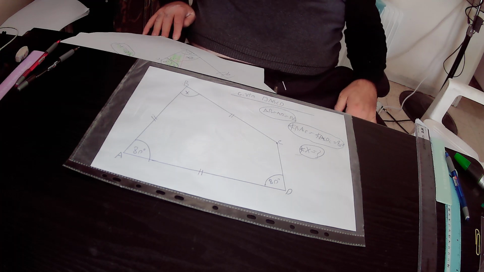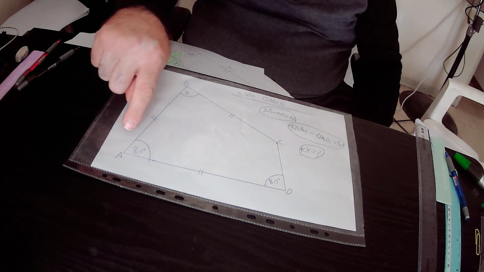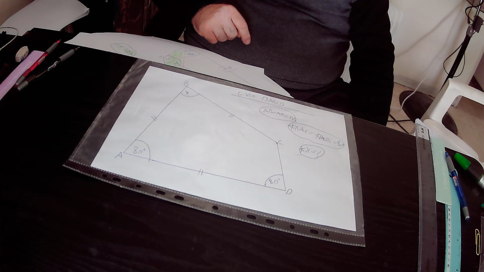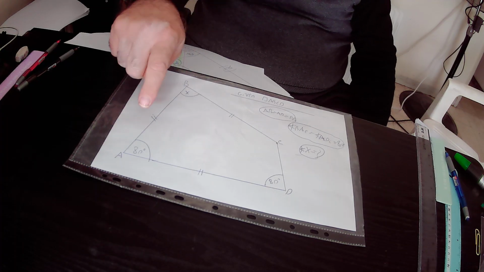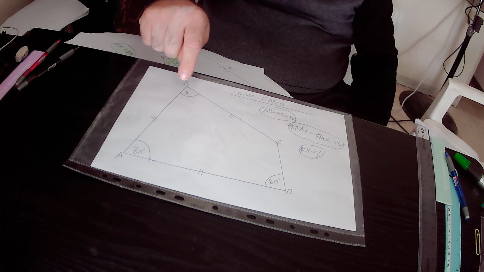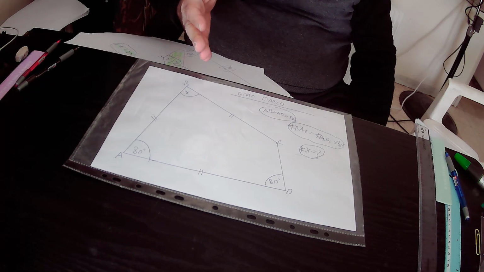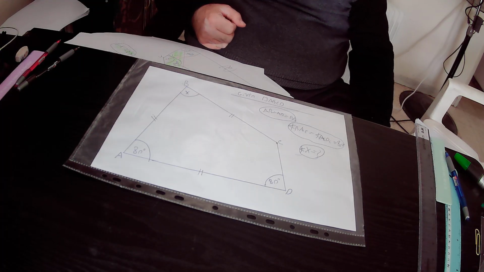Our task in the first question was to find the size of this angle ABC, equal to x degrees. We have to find the size of angle x.